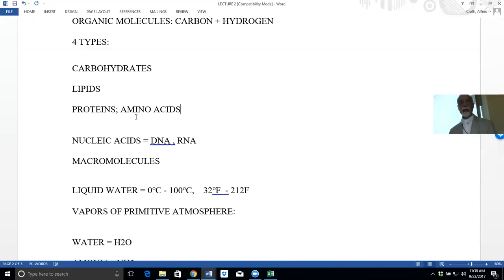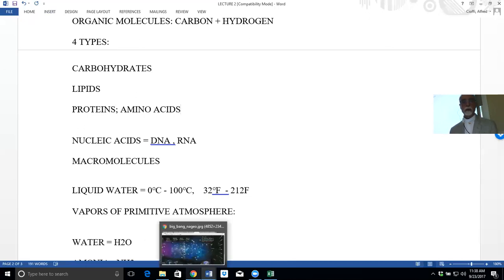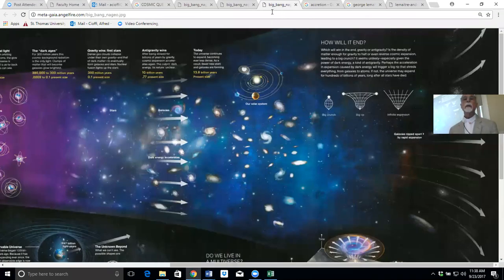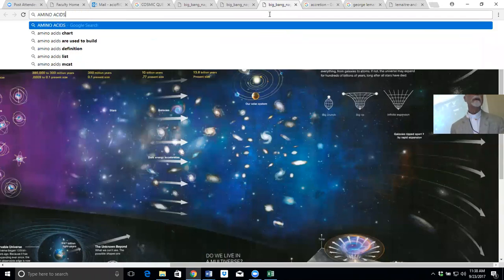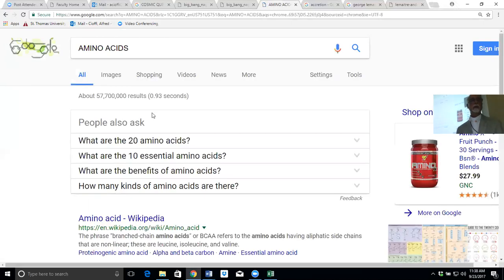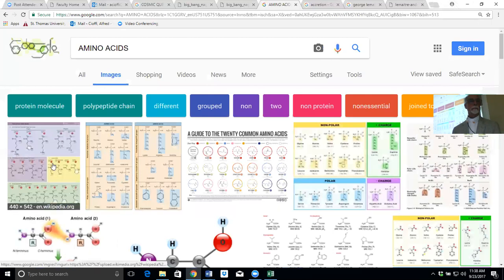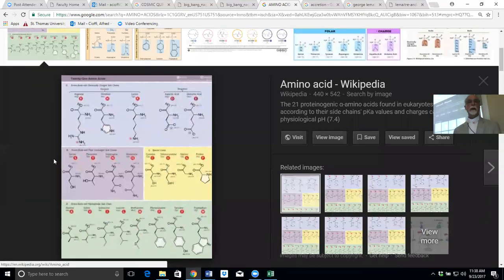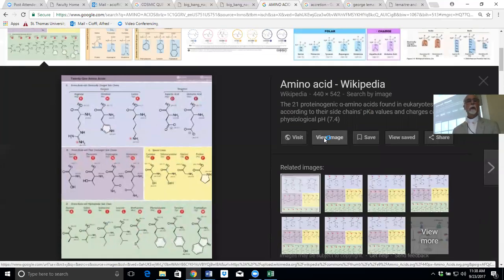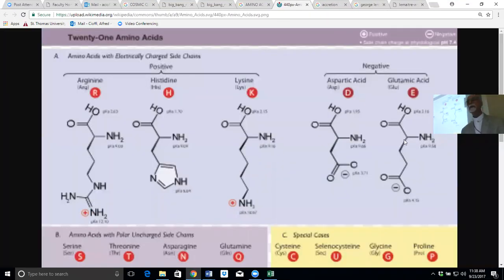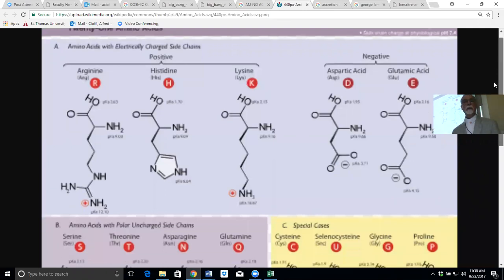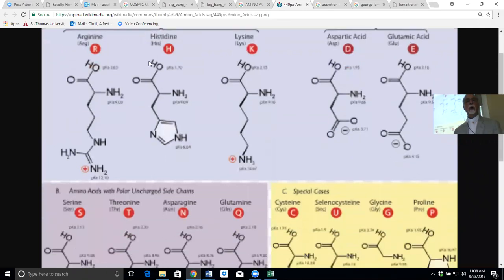How many amino acids naturally in nature? 20. Okay, we can move from here. And there's a table of amino acids. Some are attracted to water, some are repelled by water, hydrophilic, hydrophobic, some are charged, some are not charged. But you see they're relatively small organic molecules.